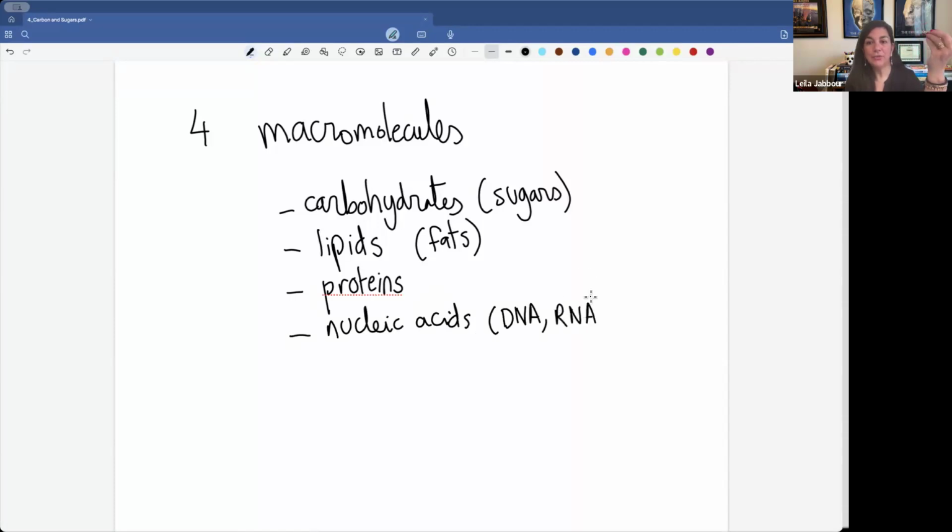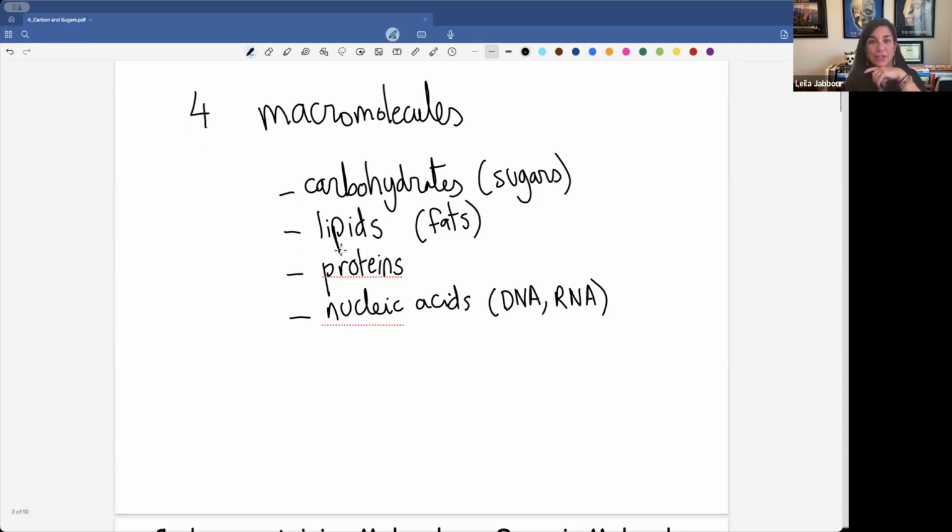DNA and RNA, those are two types of nucleic acids that help with the genetic code and help the cell make the products that it needs to survive. So we're going to start talking about carbohydrates in this particular lecture. I just wanted to make sure that you knew there are four macromolecules, and we're looking at carbohydrates in this particular lecture.